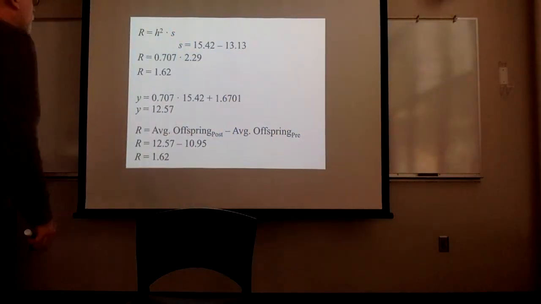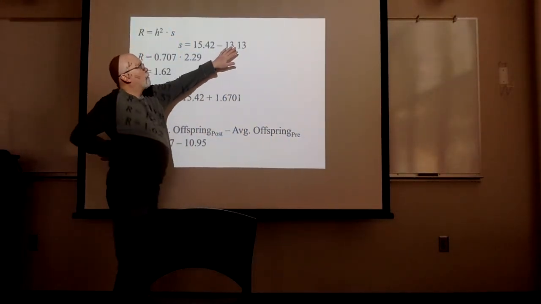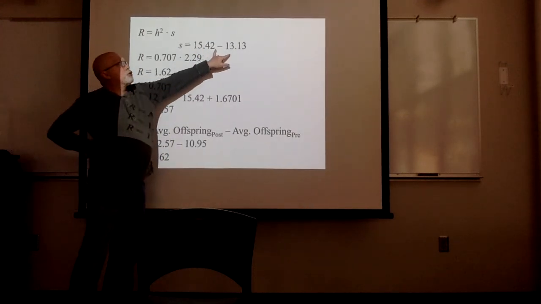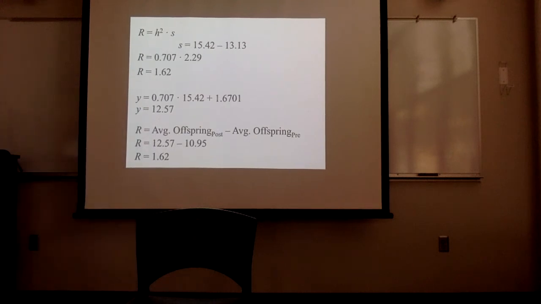In this case, the average stripedness before selection was 13, the average stripedness after selection was 15. That's the strength of selection. Selection is always the post-selection phenotype minus the pre-selection phenotype. The reason for this is if selection acts to make a trait larger in phenotypic value, the post-selection will always be bigger than the pre-selection, and this whole thing will be positive.